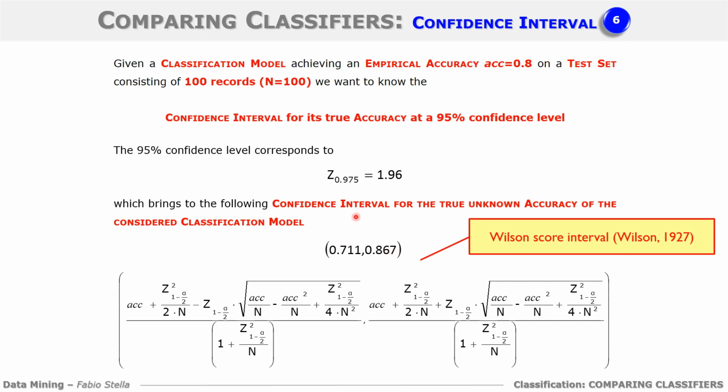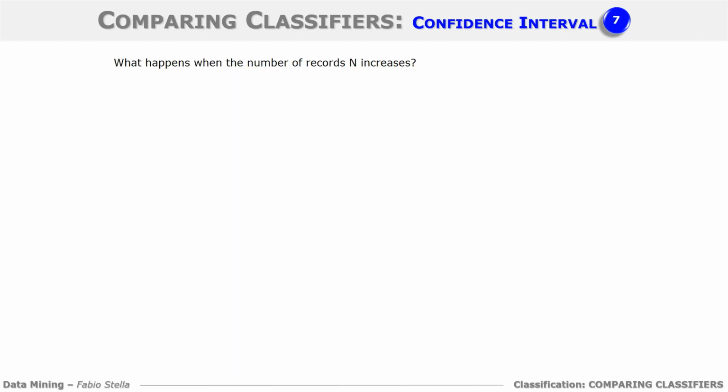So we can state that the true but unknown value of the accuracy of the classification model achieving an empirical accuracy equal to 0.8 on a test dataset consisting of 100 records is contained in this interval with probability equal to 0.95. In such a situation, however, we can ask ourselves what happens when the number of records capital N increases.